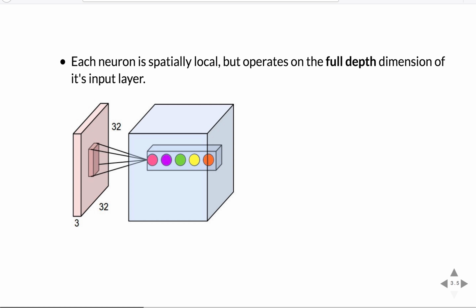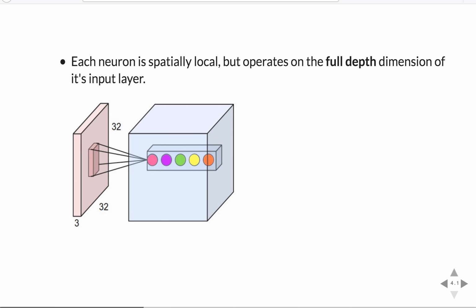But crucially, all of them are looking at all 3 channels. So they're not looking at the whole input. They're just looking at, for example, a 3x3 window, but they're all looking at the 3 channels. So they're all looking at the same slice, but they have different parameters. That's why they have different colors here. So that's the structural composition of convolutional networks.